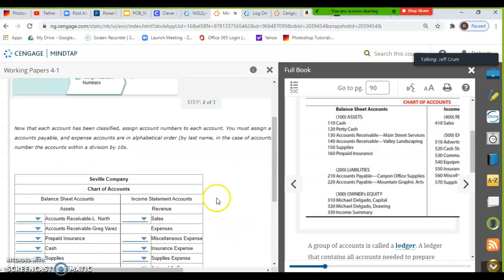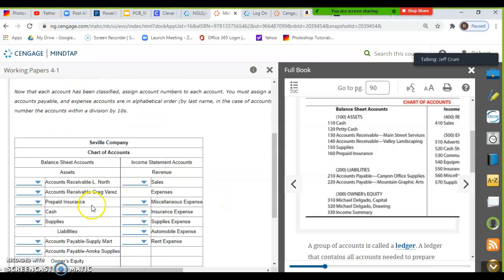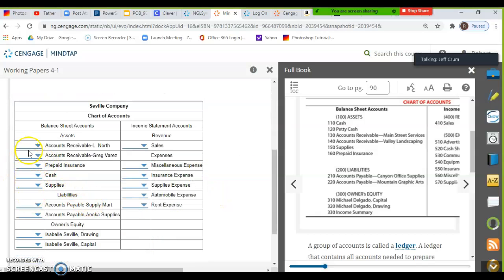All right, so now we've got all of our accounts, and we've got to assign these account numbers. And you see, if you still have your chart of accounts up here. So we've got our assets. Those are all going to be in the 100s. And these are not in order.